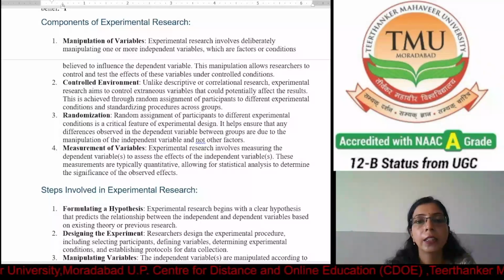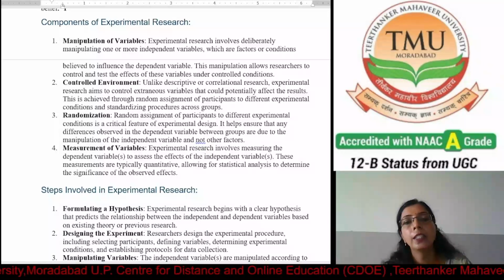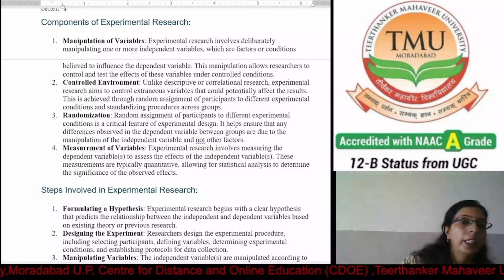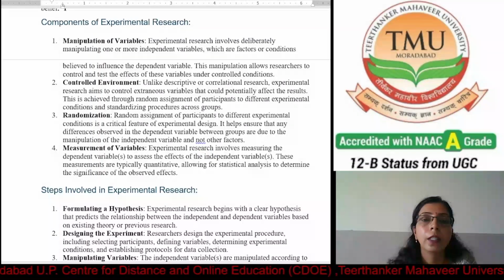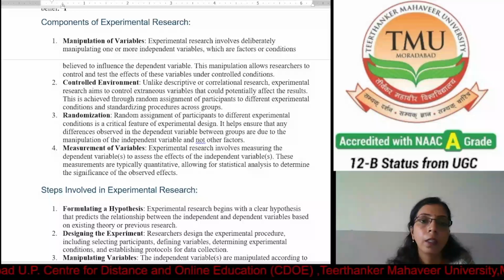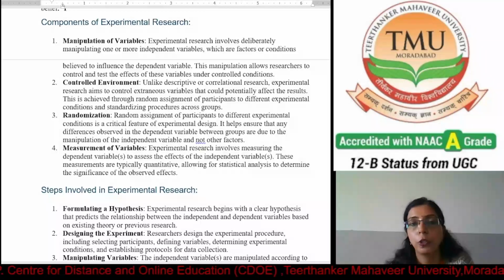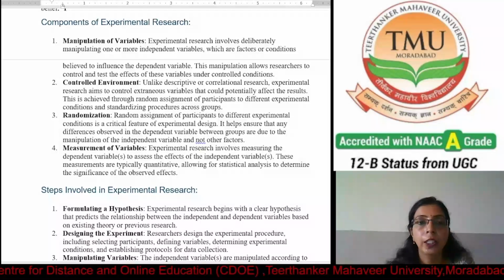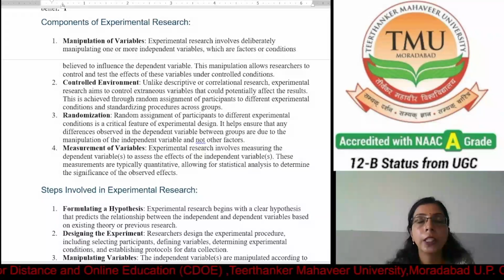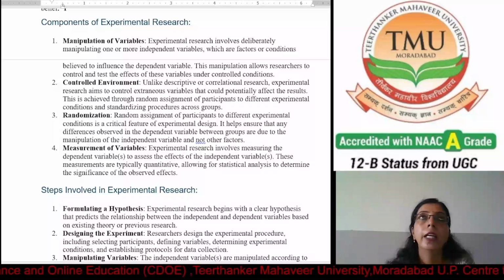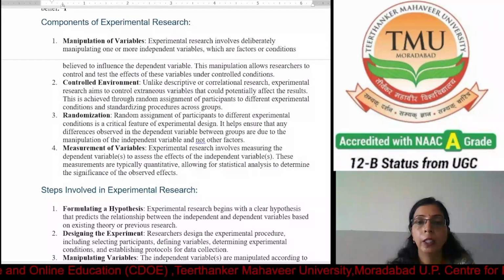They are listed as history, maturation, testing, instrumentation, regression, selection, mortality, interaction of selection and maturation, interaction of testing and measurement, interaction of selection and treatment, reactive arrangements, and multiple treatment interferences.